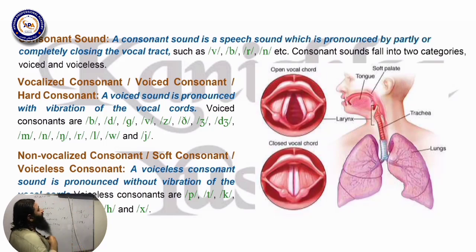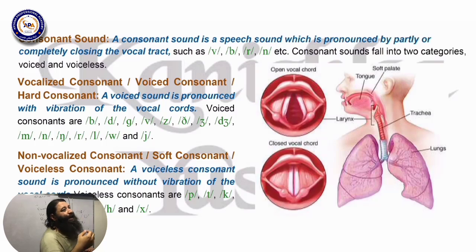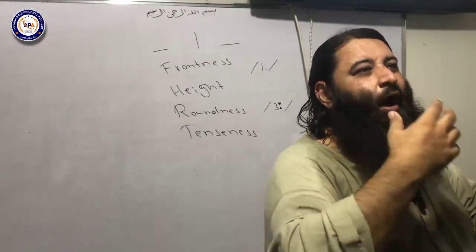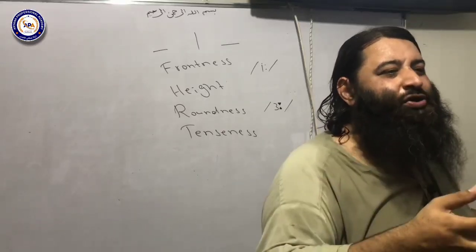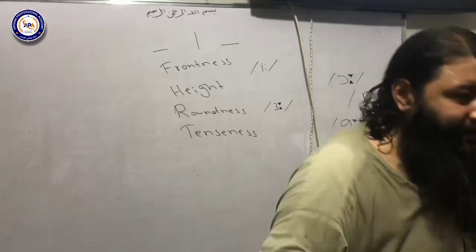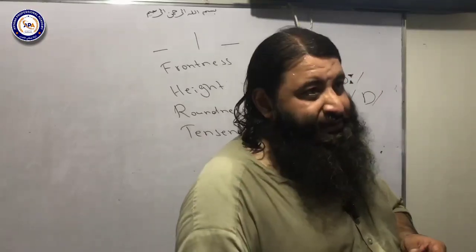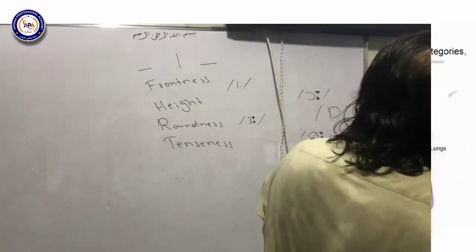A consonant sound is a speech sound which is pronounced by partially or completely closing the vocal tract. The airway is blocked either completely or partially according to types we will study inshallah. Articulation by place and articulation by manner we will study inshallah.